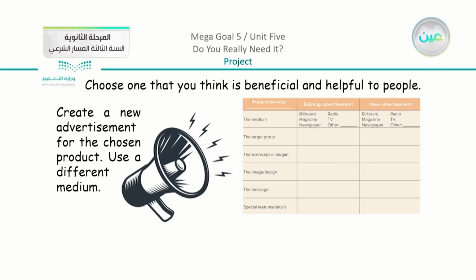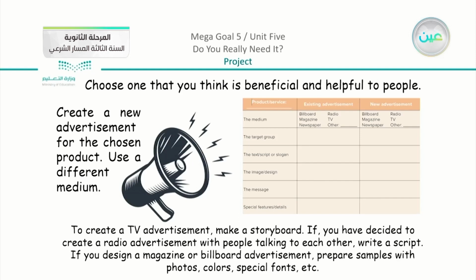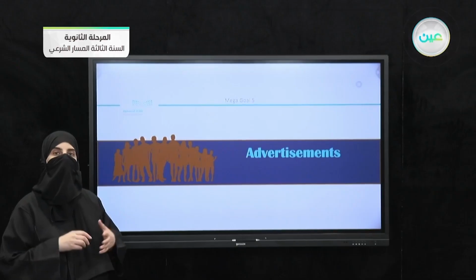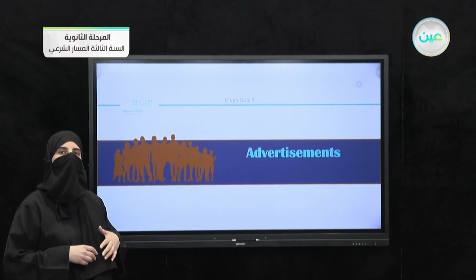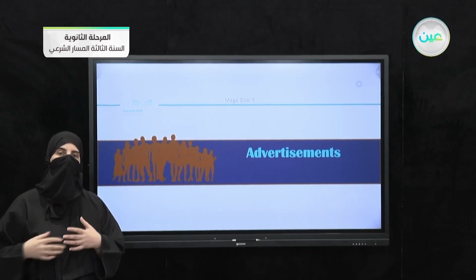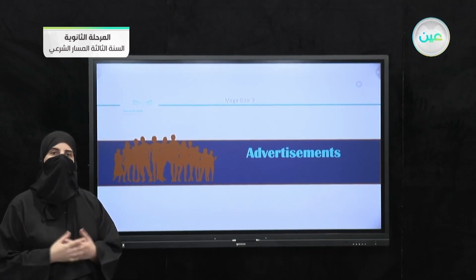This is what we have in our project. We can also use this kind of chart to compare the old advertisement and the new advertisement, and I remind you that it is about the same product. So generally we had unit 5, Do You Really Need It, about advertisements, and these advertisements can be aimed at any type of person or the different people that we have in society.